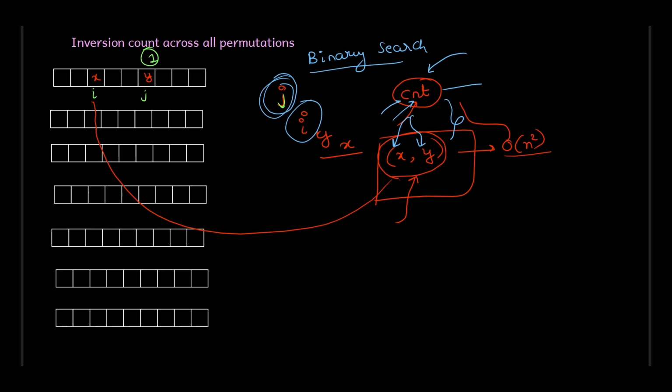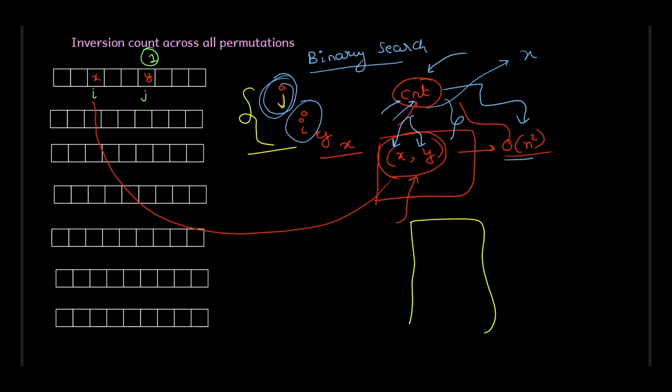Now you might ask me, why am I creating O of n square pairs for finding this out when you could apply some binary search and fancy tricks to find out this count even faster? To that I say that it does not matter, because the time complexity will be dominated by this O of n square loop that you see over here. So you might as well create all the pairs by hand manually, and then you count.